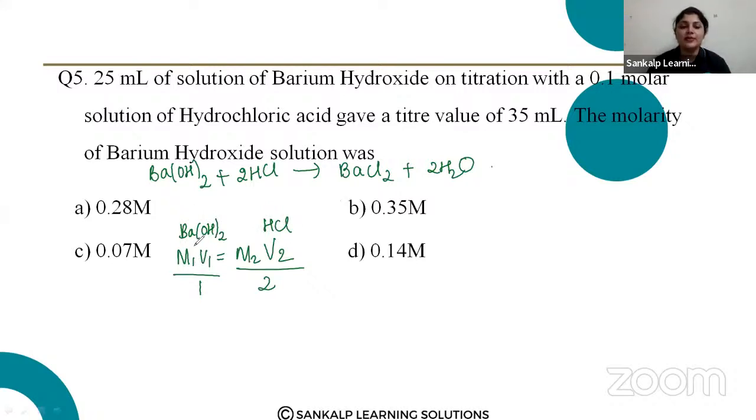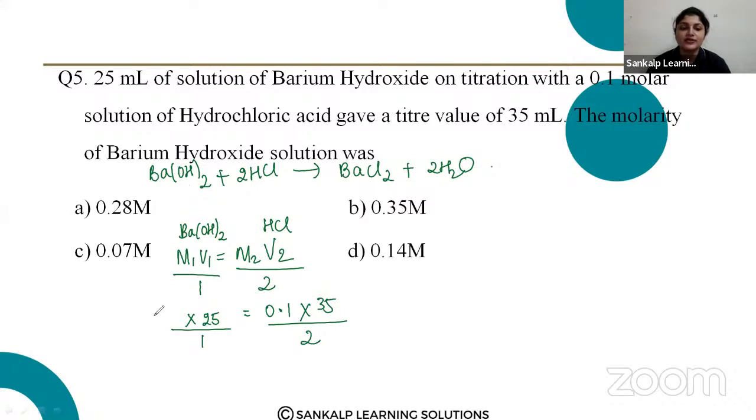Now for barium hydroxide, we have to find the molarity. So 25 ml of solution of barium hydroxide, so the volume is given as 25. Okay, 25 on titration with 0.1 molar solution of hydrochloric acid. So hydrochloric acid is 0.1 into 35, as it gave a titer value of 35, divided by 2.